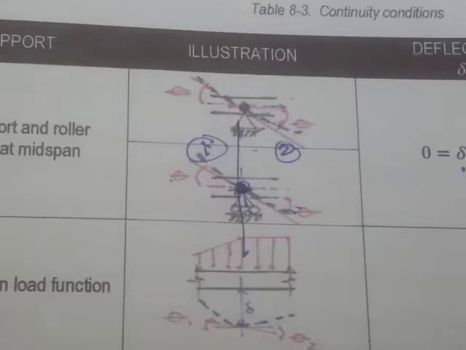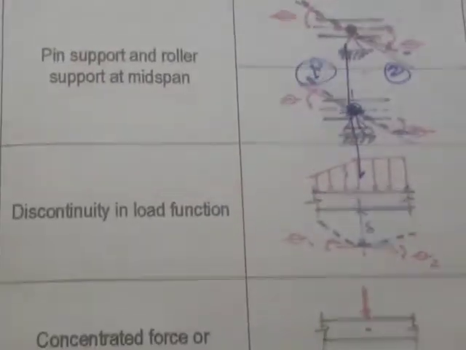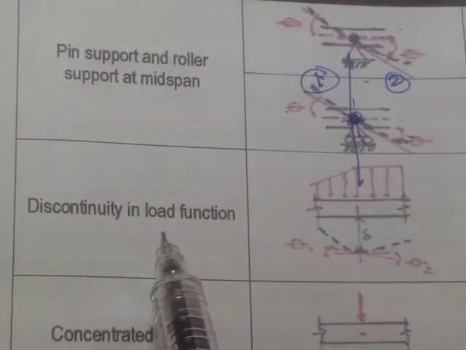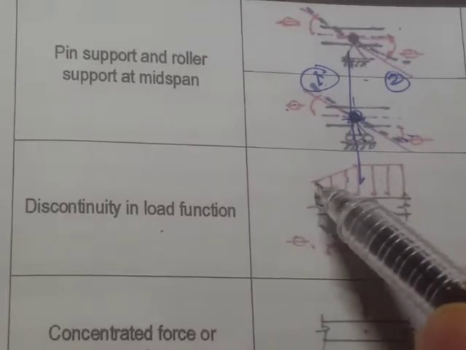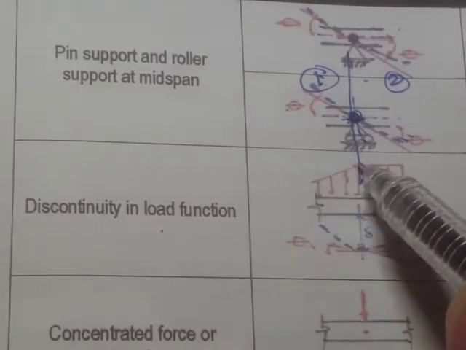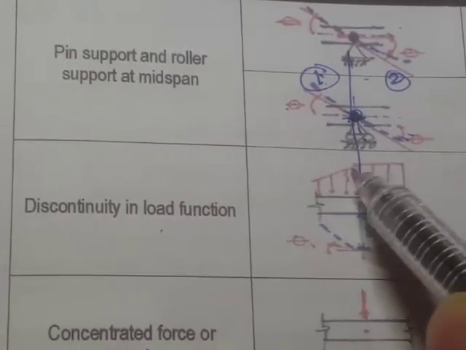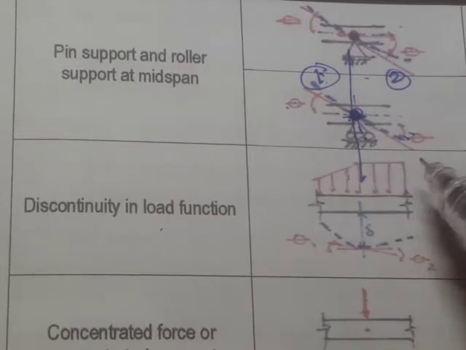Another one is if there is a discontinuity in load functions. If you notice here, there is an increasing load, but right here at segment 2, it's just a uniform load.